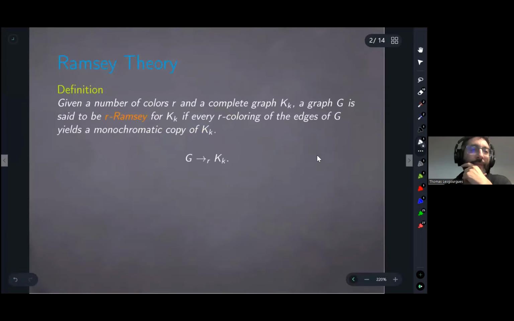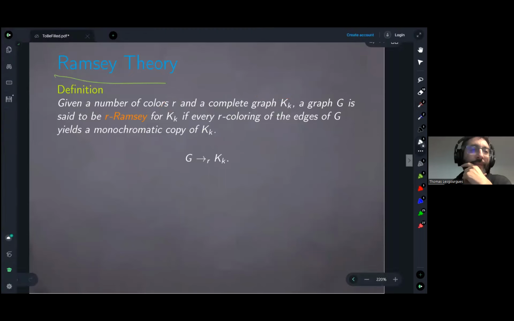So a bit of setup initially. I'm going to repeat some stuff that has been said already, so I might go a bit fast, but my topic is Ramsey theory. Let's say that we start the problem with a number of colors, r, and a complete graph, K_k.